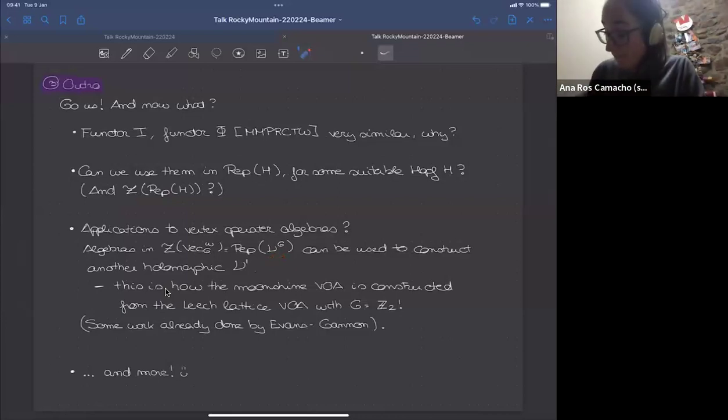This is the same way the Monster VOA was constructed, if you take the Leech lattice VOA and a very simple group, which is Z_2. So in this case, we have every single algebra that you can have. If we take all these algebras and compute every single possible orbifold VOA that we can construct, do we get any exotic, any nice, not-so-well-known VOAs?